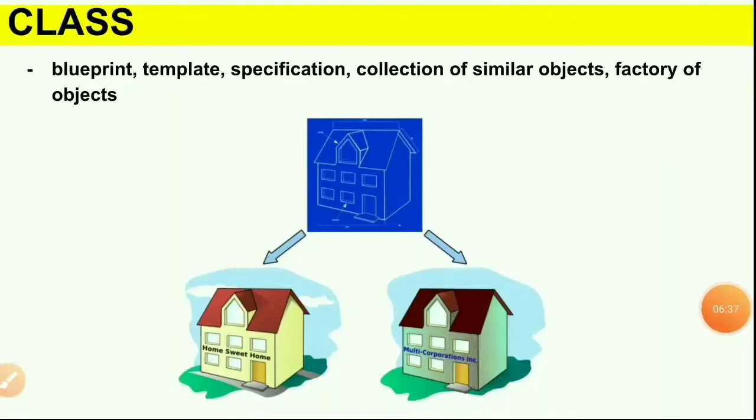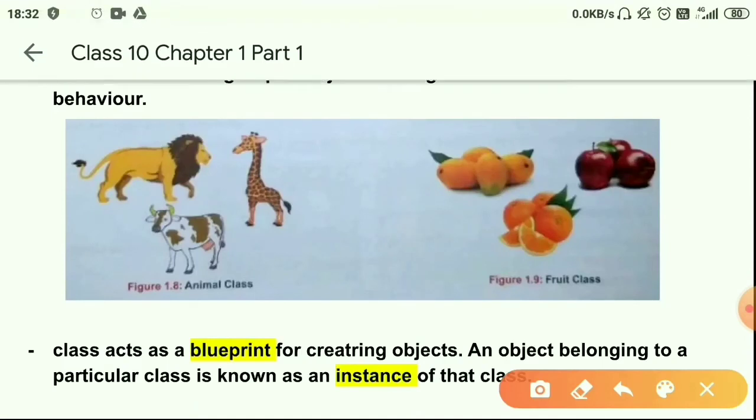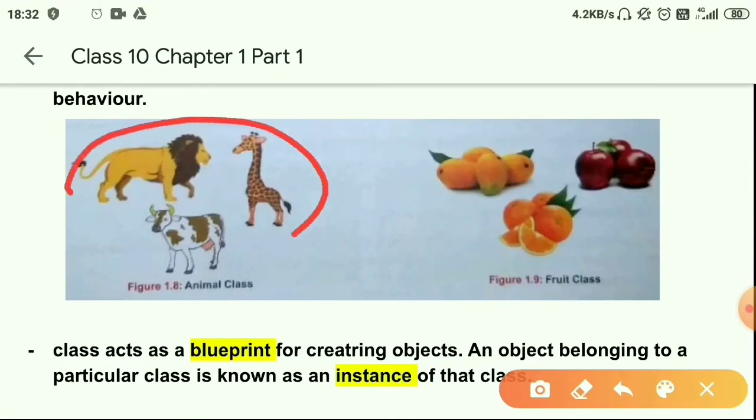So here you can see that I've listed a few names and phrases used for classes. Okay, a blueprint, we have seen. Template is same as blueprint only. Specification is provided by the blueprint. And collection of similar objects, we have already seen three examples. We have got this collection of animals.